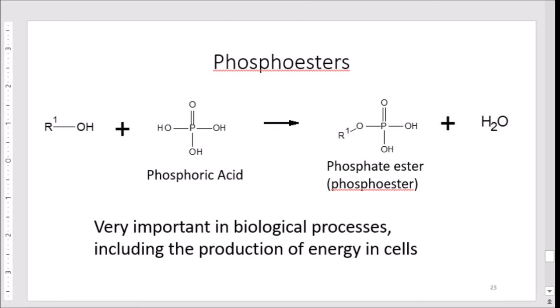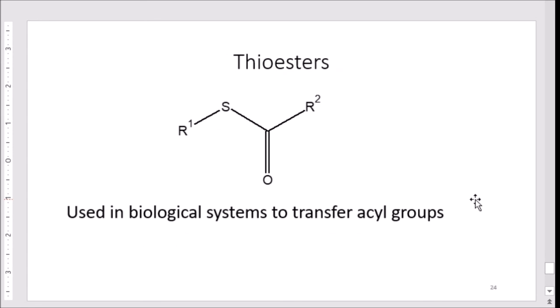Now, a phosphoester uses phosphoric acid. Notice we've got 3 OHs here, and so we can actually attach in several places. So we just take an alcohol, and we use this in our bodies as part of our energy production. We'll see these compounds quite a bit in later chapters.